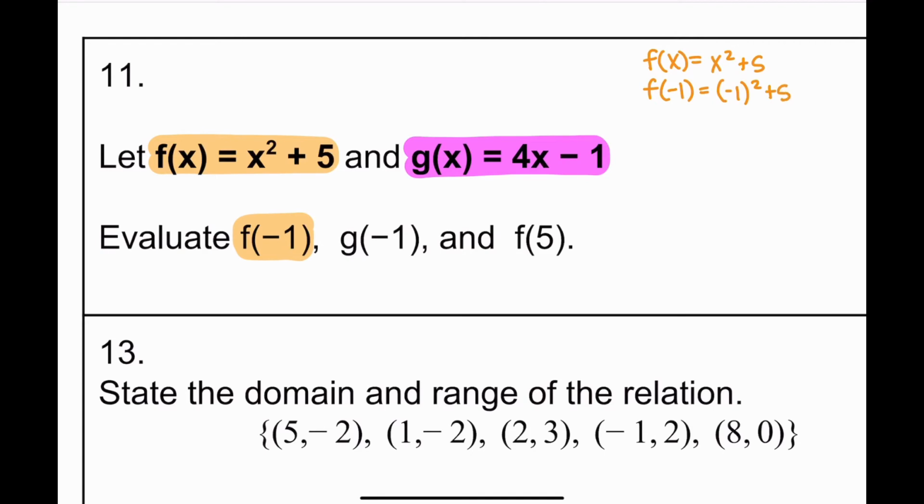And then we just simplify. Negative 1 squared is negative 1 times negative 1, which is a positive 1, and bring down the plus 5. 1 plus 5 is 6, so f of negative 1 equals 6.